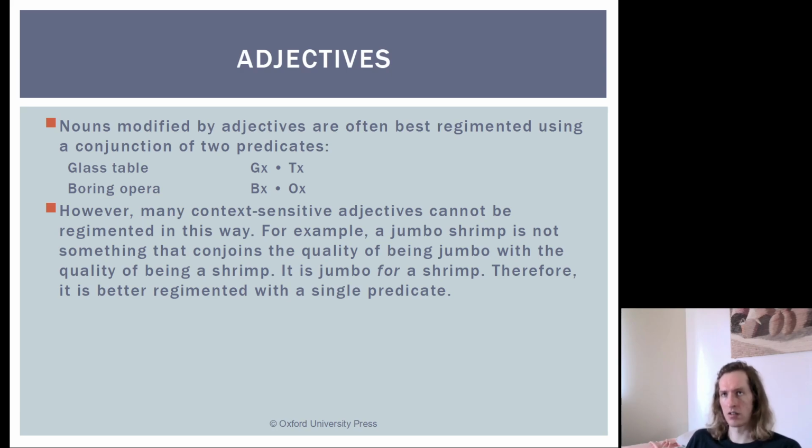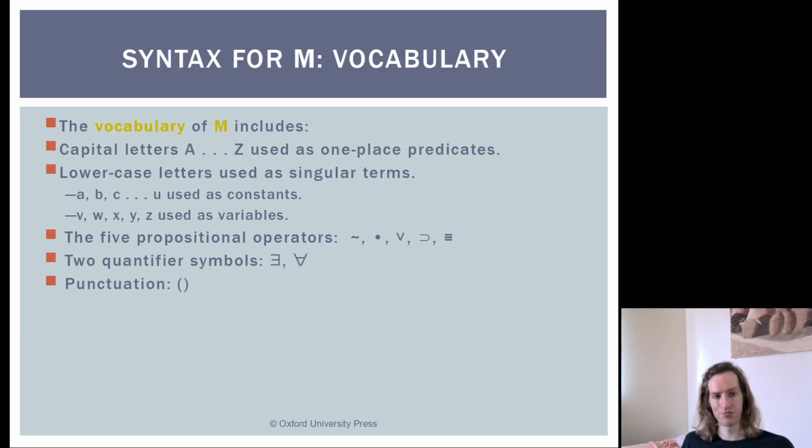Because if we just applied the predicate of being jumbo, that's going to mean a different thing in different cases. A jumbo elephant is going to be different from a jumbo shrimp. Whereas glass as a material is going to be glass even if different colors are used in different ways. It still has the property of being glass. It's not relative in the way that being jumbo is.